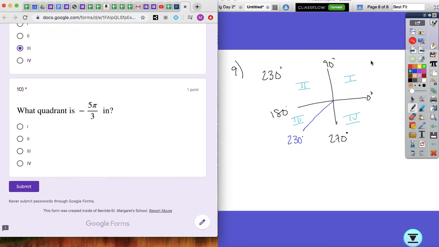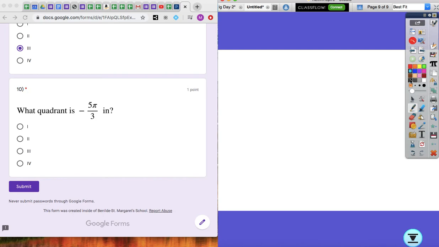All right, and then the last one, number 10, we got negative 5 pi over 3. So again, if you don't like it in radians and you want to change it into degrees, go for it. So you would multiply by 180 over pi. The pi's cancel. We'd have negative 5 times 180 over 3.